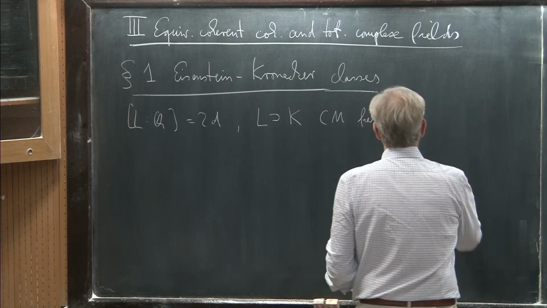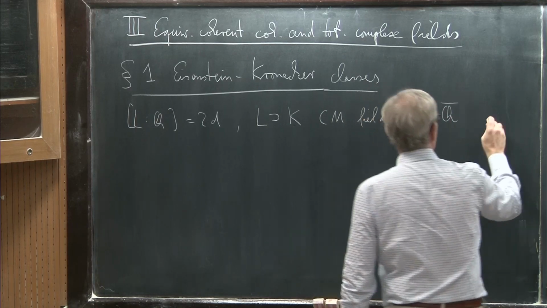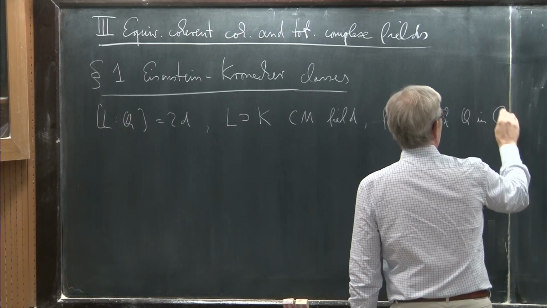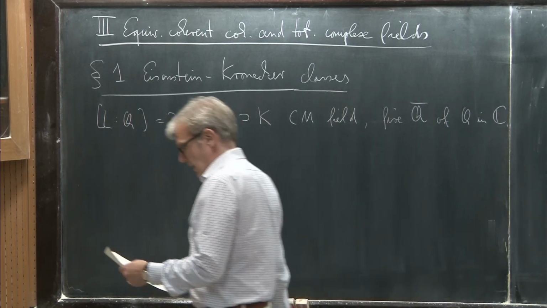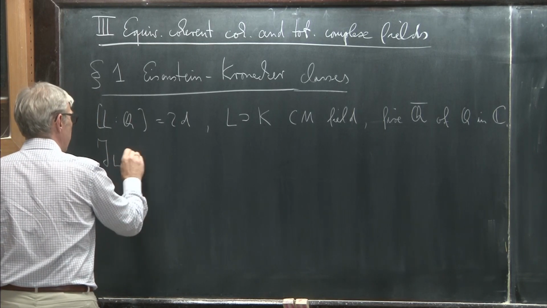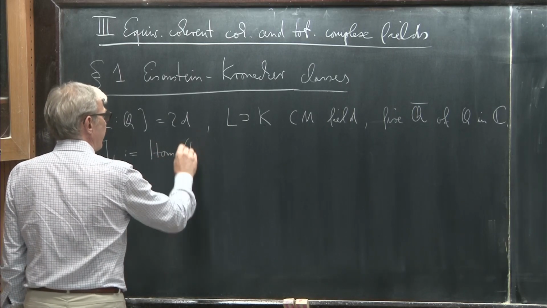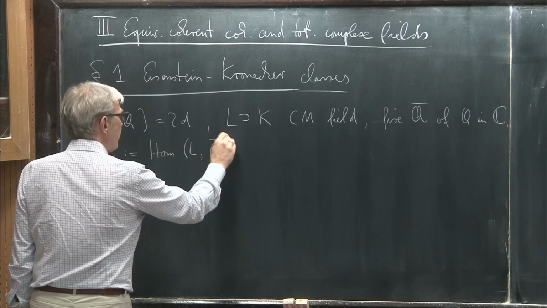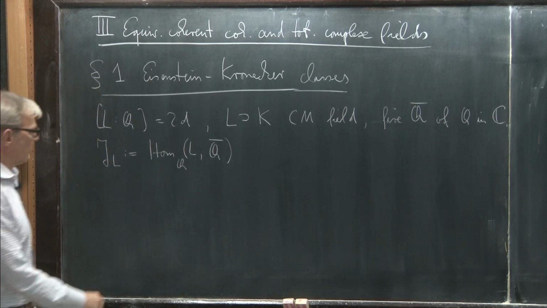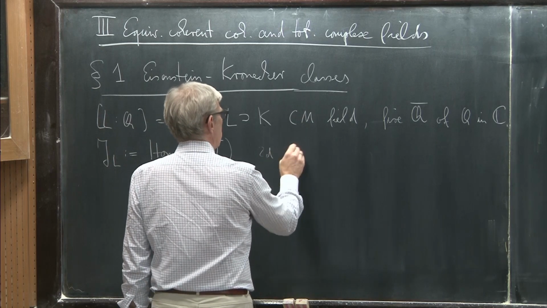And we also fix an algebraic closure of Q in the complex numbers. And we denote by JL the set of embeddings of that field L into Q bar over Q. So in total, there are 2D embeddings.